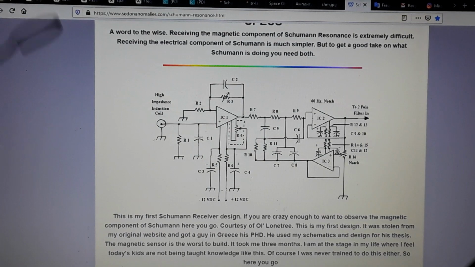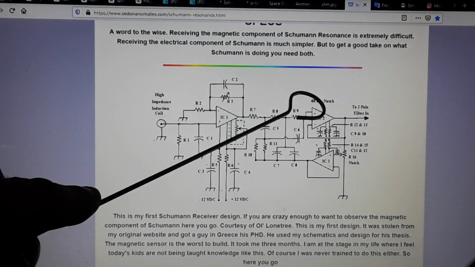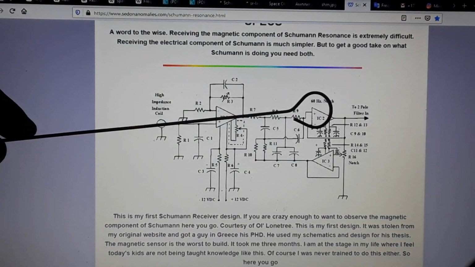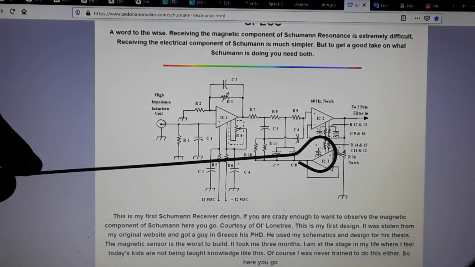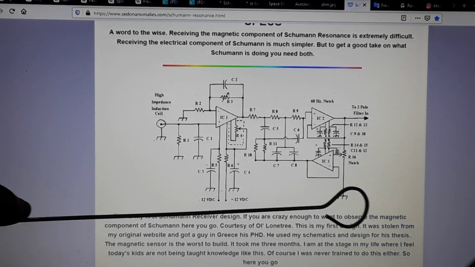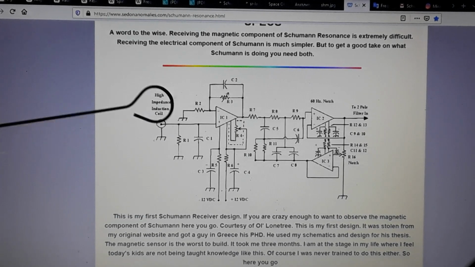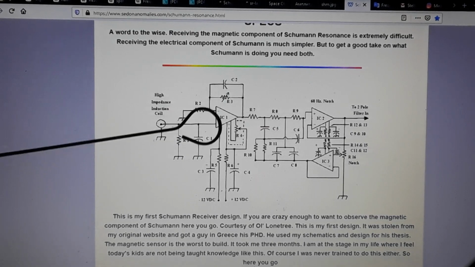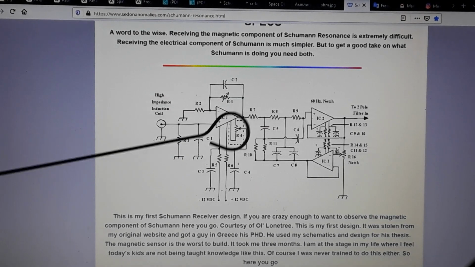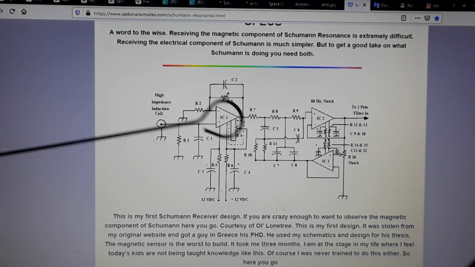So, these are schematics. Look at that. See that? Here's our 60 hertz notch filter. High impedance induction coil. All right, so resistor, capacitor, the resistor of some type.